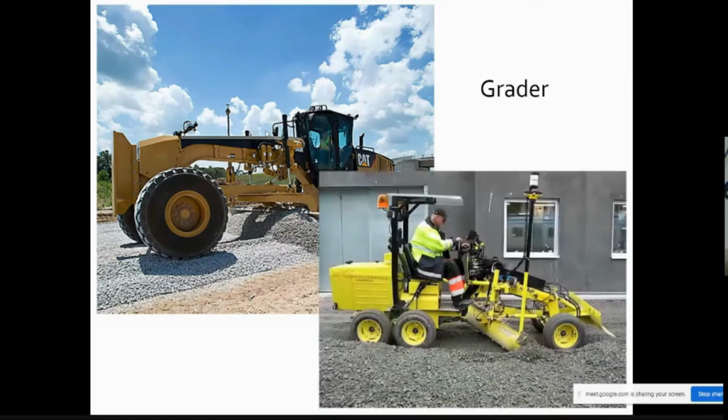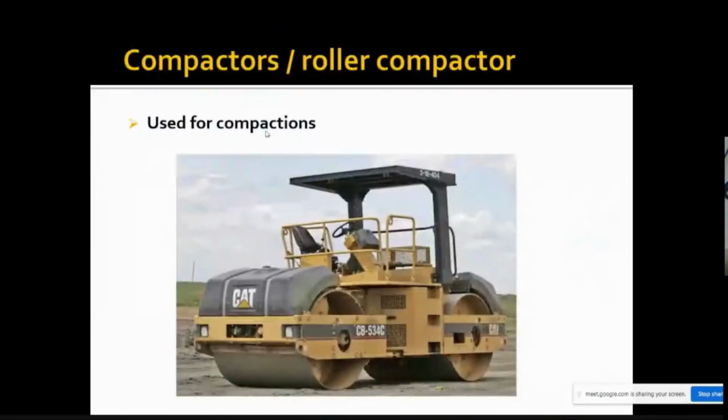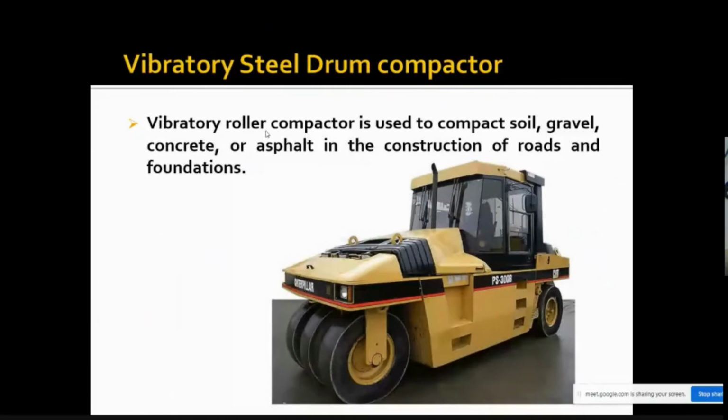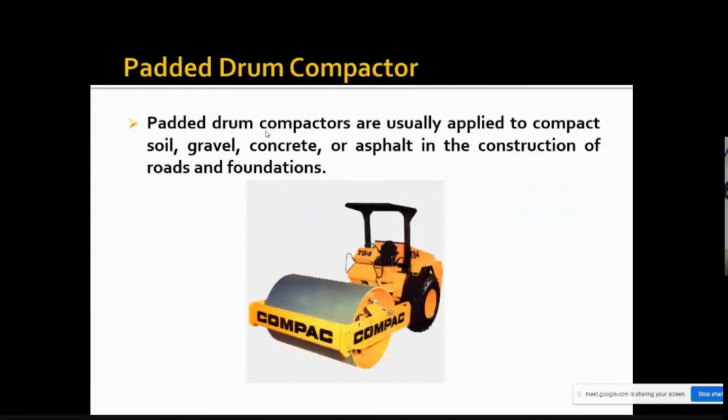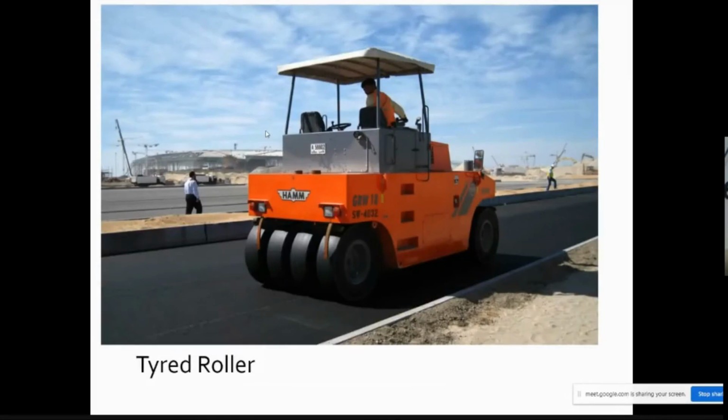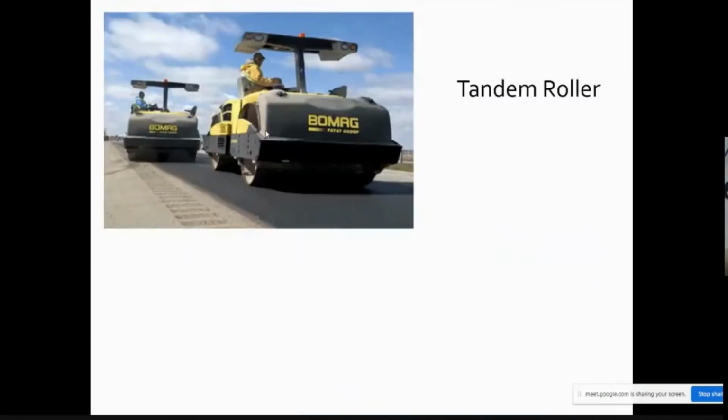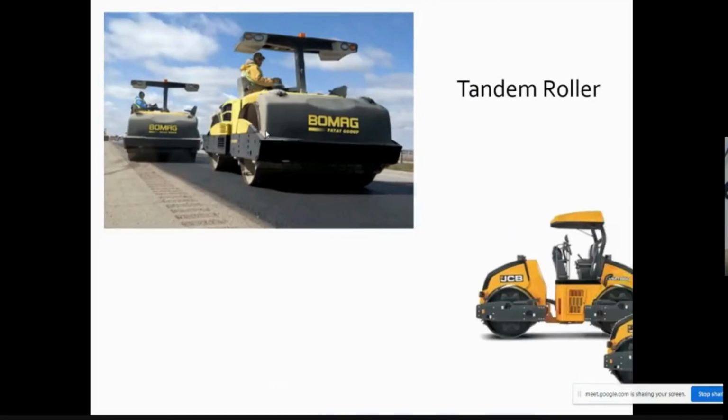Graders, we have compactors, different types of compactors, different tons of compactors. This is pneumatic tire compactors, padded drum compactors, tired roller, tandem roller. There are so many types of roller.